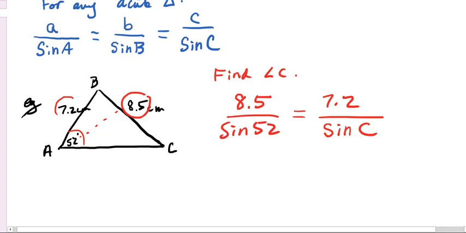I'll do it as well, and I'll freeze the screen so you can do it on your own, and then I'll unfreeze the screen and show you the answer in a few seconds. So go ahead and give this a try. Find C. I've got it kind of started for you.